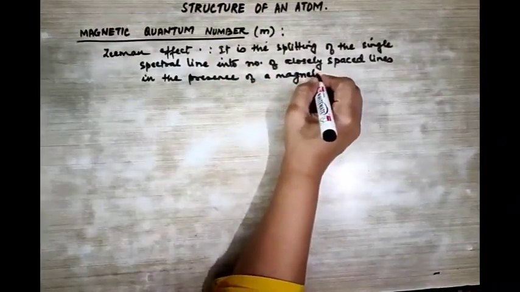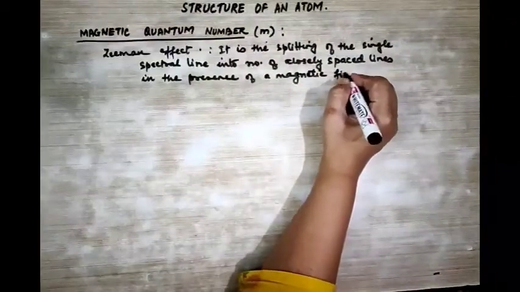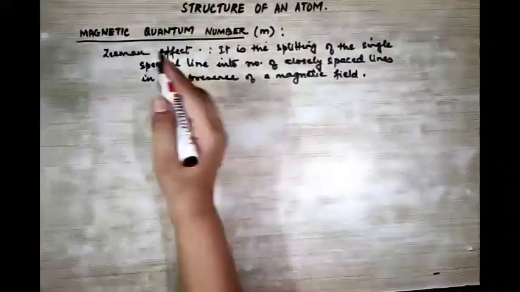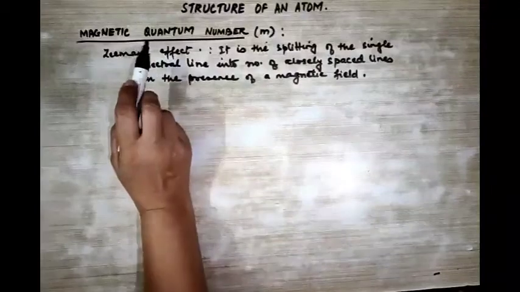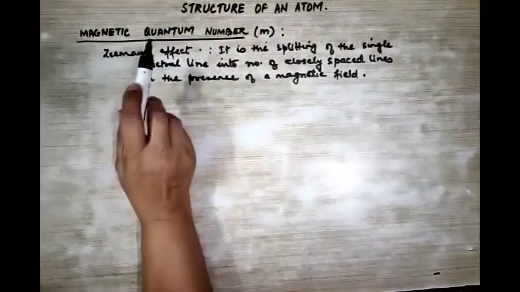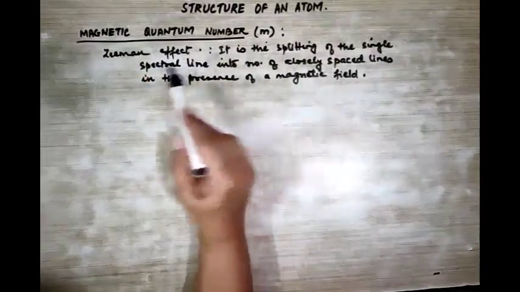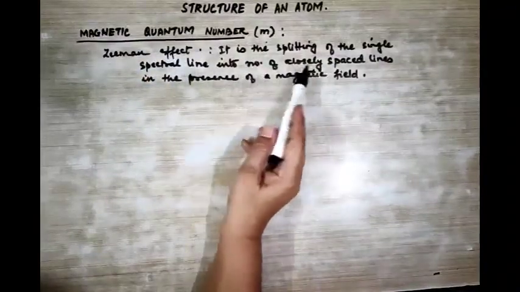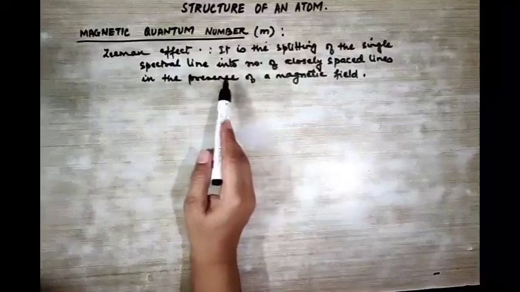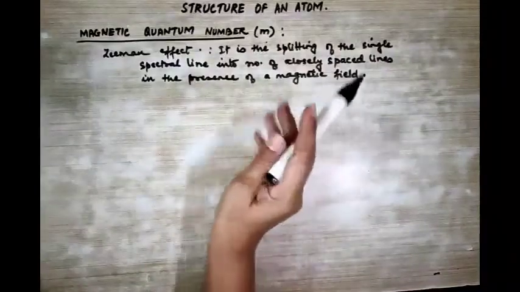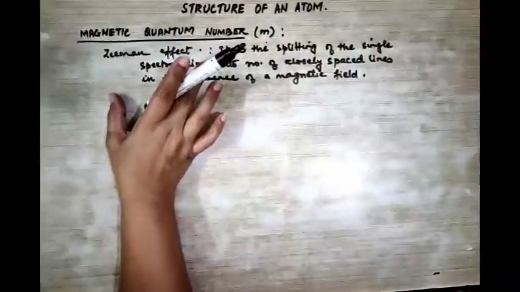First and foremost, you should understand what I meant to say over here: the magnetic quantum number explains the splitting of a single spectral line into a number of closely spaced lines in the presence of a magnetic field, which is also called the Zeeman effect.